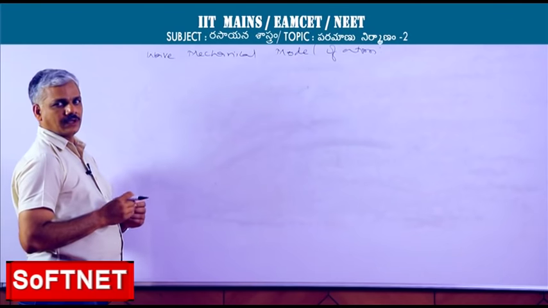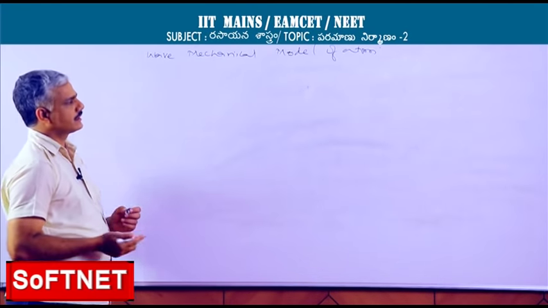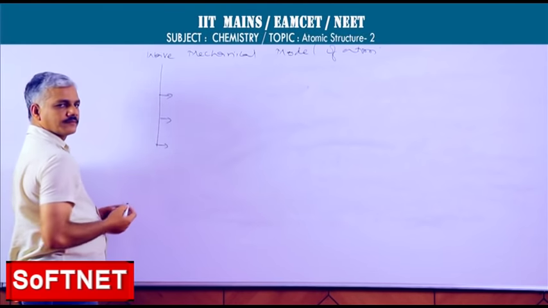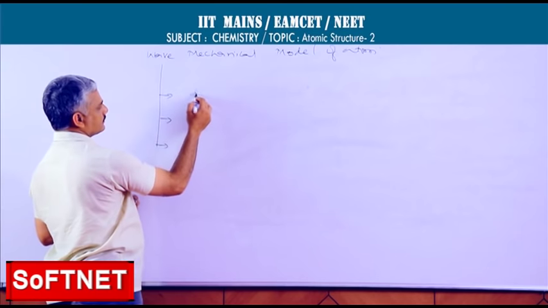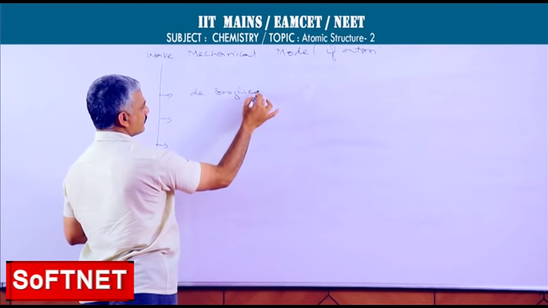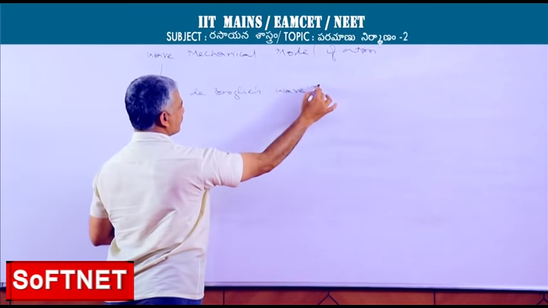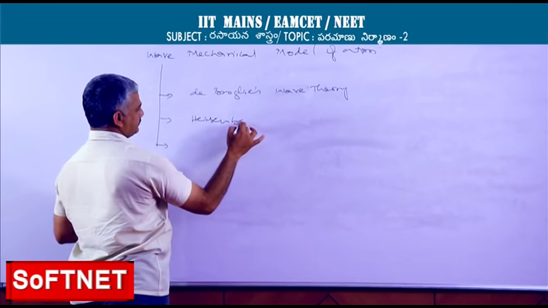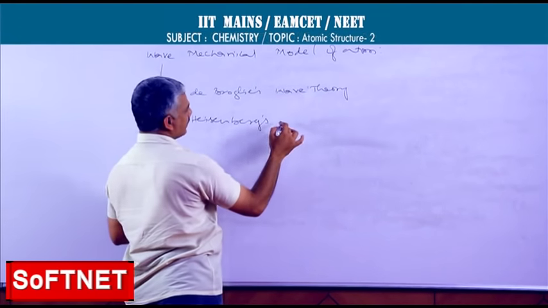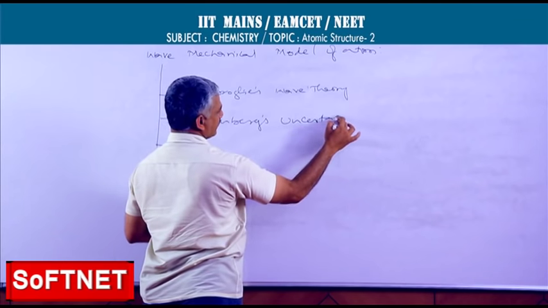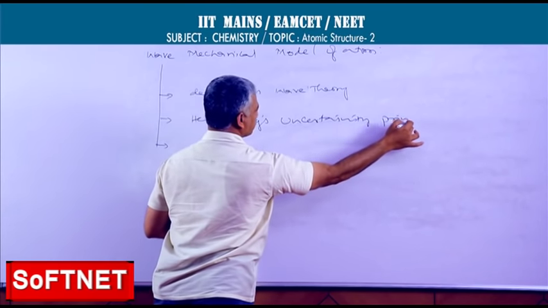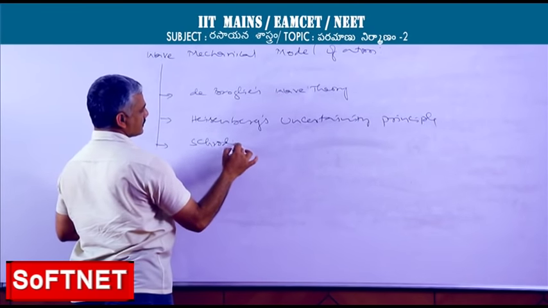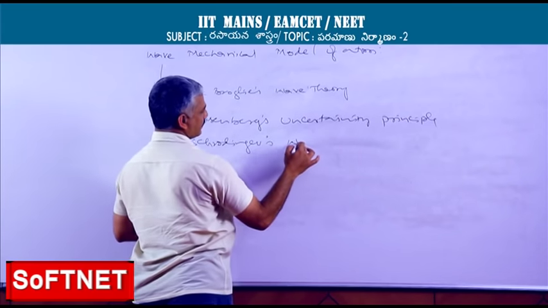This wave mechanical model, also called as quantum mechanics, is actually a combination of three different concepts. One is called de Broglie's wave theory, Heisenberg's uncertainty principle, and Schrodinger's wave equation.